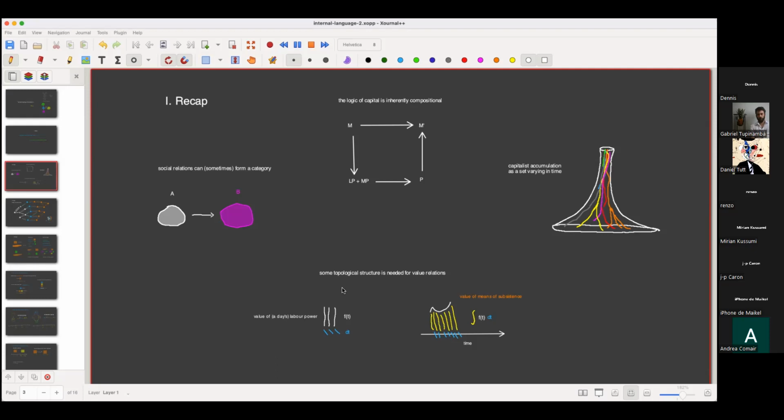So commodities themselves, they don't understand things like time necessarily. They don't understand things like rates of change. So we need a certain topology to supplement this language in order to draw further relationships between commodities.